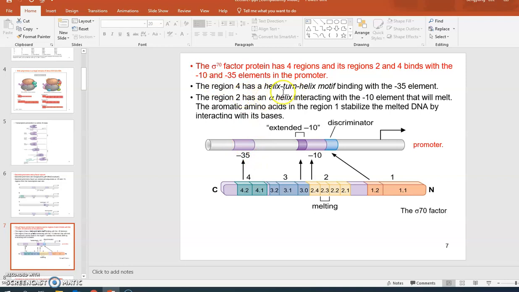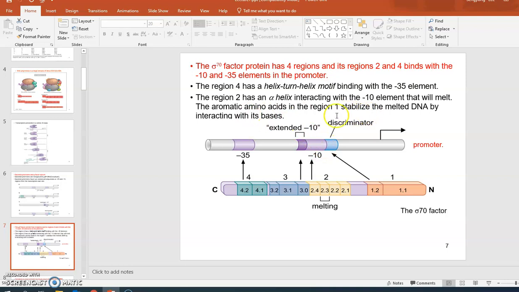Region 4 has a helix-turn-helix motif, as we learned about DNA recognition motifs. That's how it can recognize and bind the minus 35 sequence area. Region 2 also has an alpha helix interacting with the minus 10 area, so it is going to melt that area.